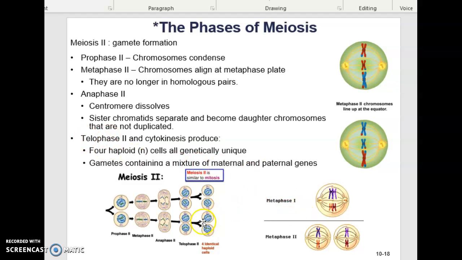Telophase 2, we're going to have some new nuclear envelopes form. So nuclear membranes are going to reform. You're going to have the nucleus again. And then after cytokinesis, we're actually going to have 4 daughter cells. And the really cool thing about that is each one of those daughter cells is completely unique. Because of crossing over and independent assortment that happened in meiosis 1, each one of those is going to be different.